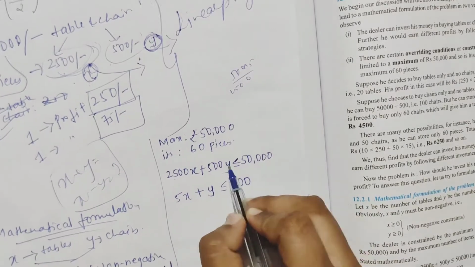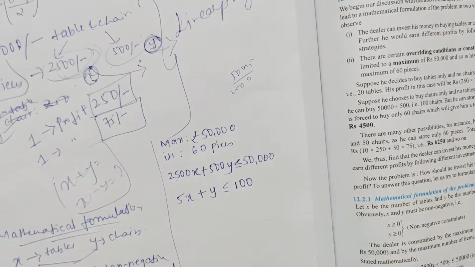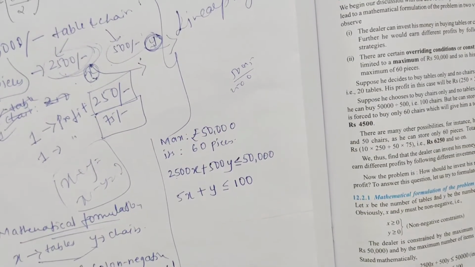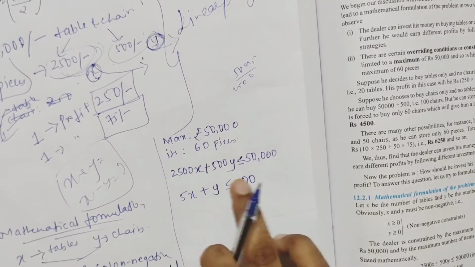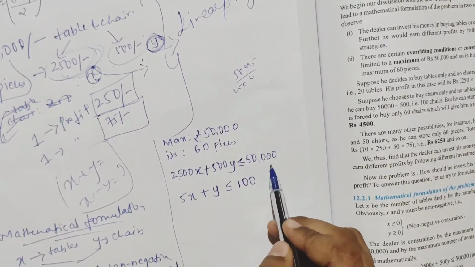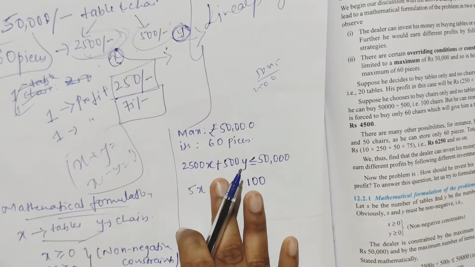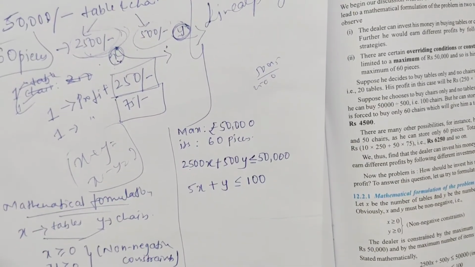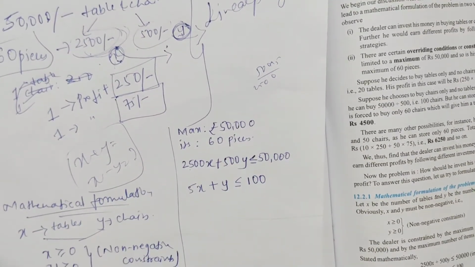If you want to solve it, we can cut off these zeros, just dividing each term by 500. We want to simplify, right? We take the common term.